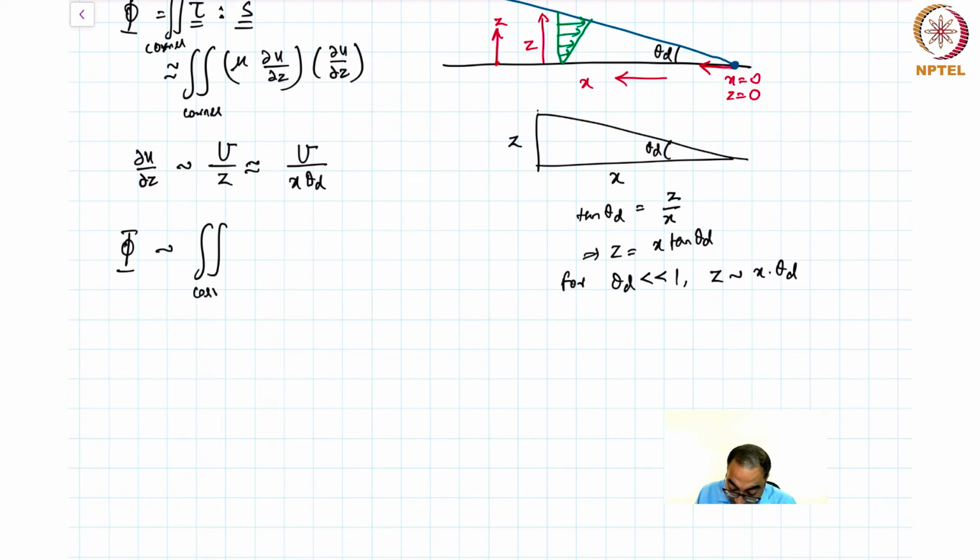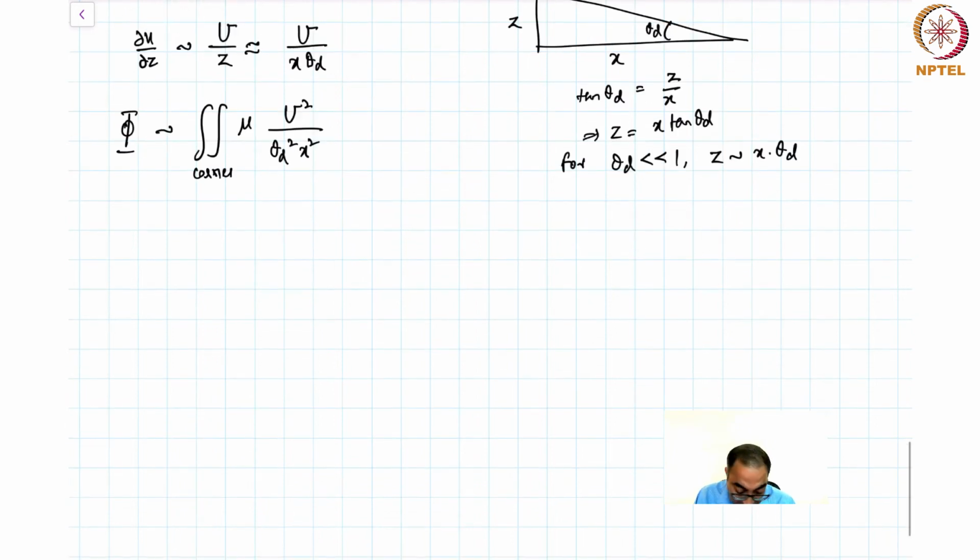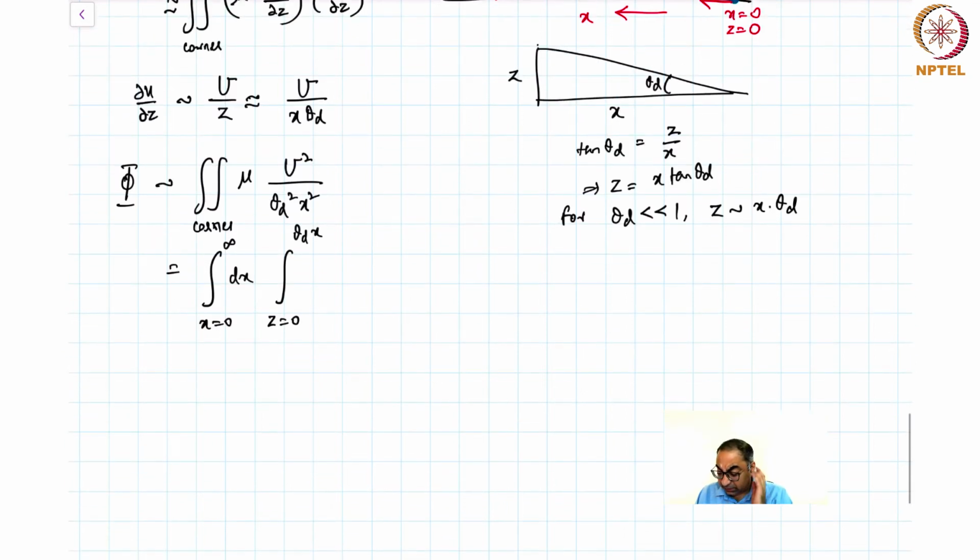So we can now integrate this as follows. This is integrated over the corner, mu times u squared by theta d squared x squared. If you want to be more specific, x goes from 0 to infinity dx, z goes from 0 to theta d x, and remember this x at infinity should be interpreted as some length scale much larger than the contact line. We will actually come to that in a minute. It's really not infinity, but we'll have to truncate this integration.